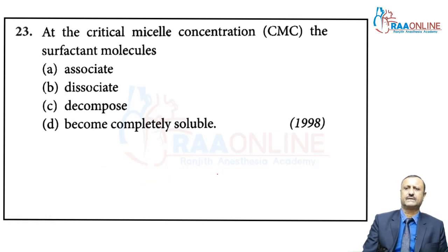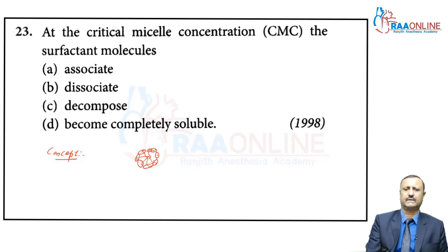At the critical micelle concentration, CMC, the surfactant molecules, my dear students, in CMC, we saw before in the slides, these are the micelles, and some concentration is necessary for the formation of this micelle.